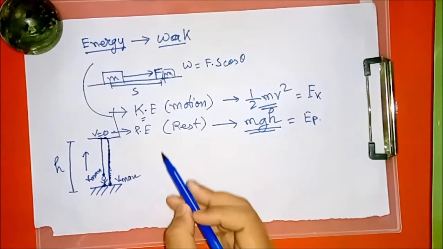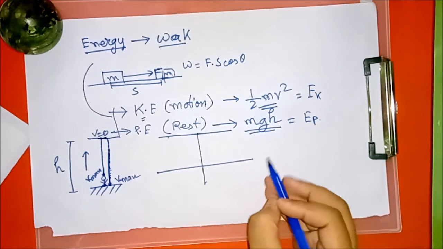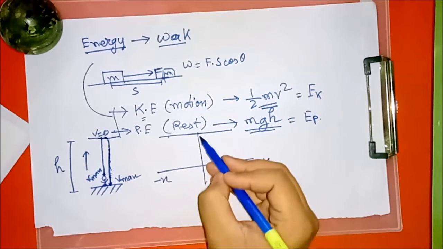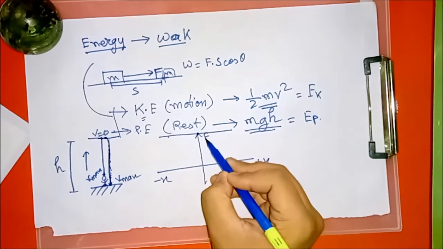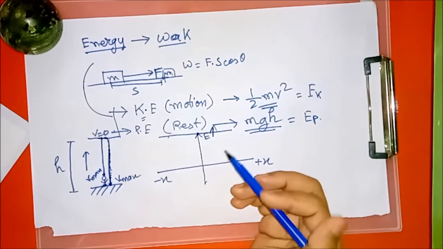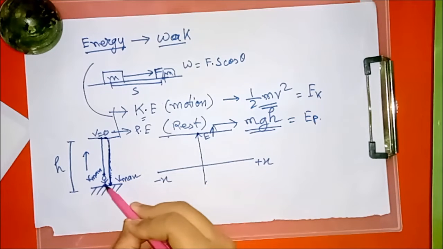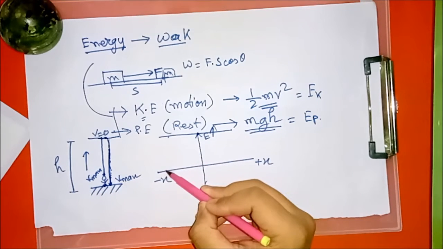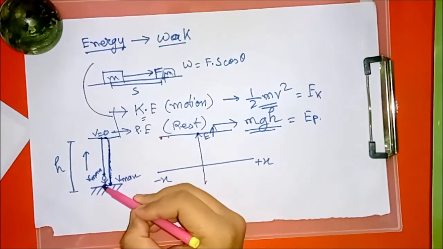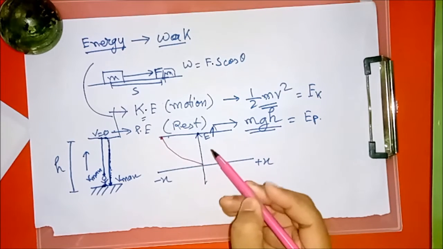At this instant its velocity will be maximum. So if you plot the displacement versus energy curve, suppose this is the plus x direction, this the minus x direction, and this the energy axis, with maximum energy over here. What we get is that the kinetic energy is maximum at the first initial point, and it gradually keeps decreasing and coming over here.